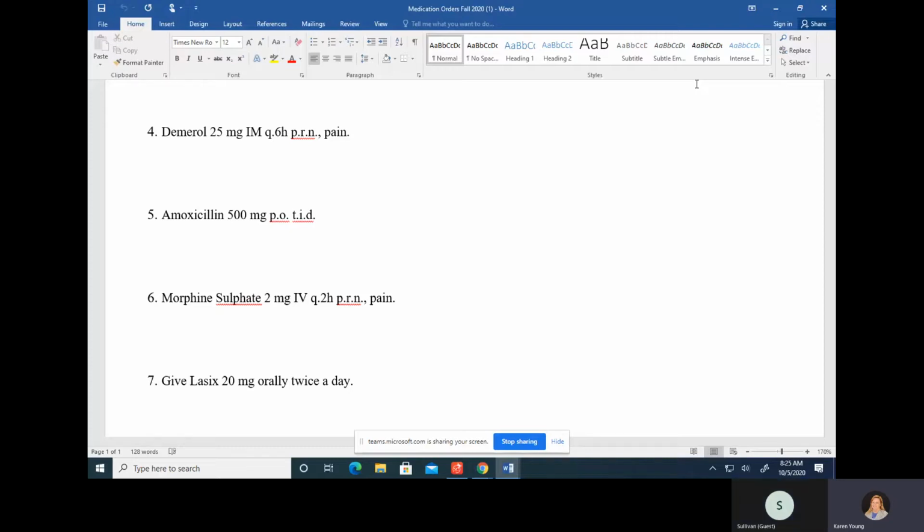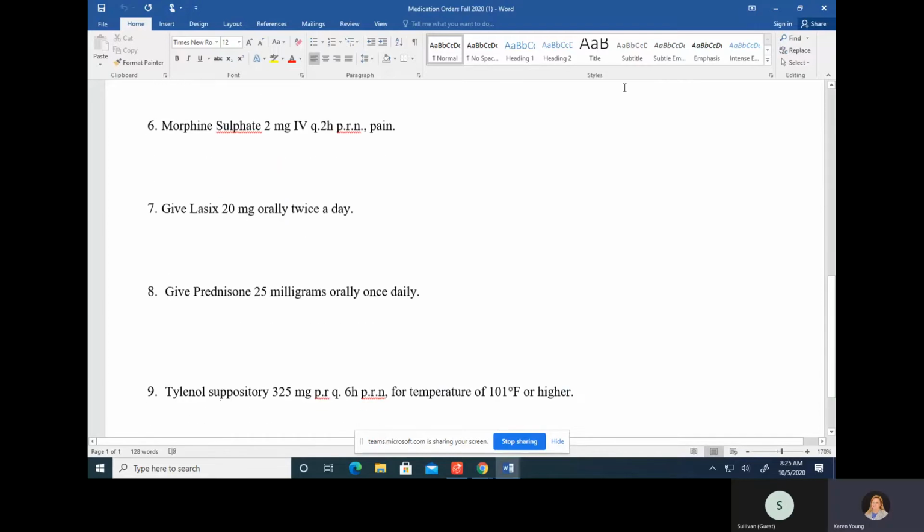All right, so we did amoxicillin. Let's look at morphine sulfate, 2 milligrams IV every 2 hours PRN for pain. So what is the morphine sulfate? The name of the drug. What's the 2 milligrams? The dosage.